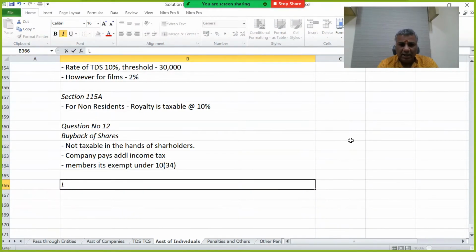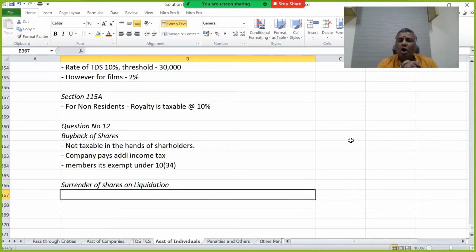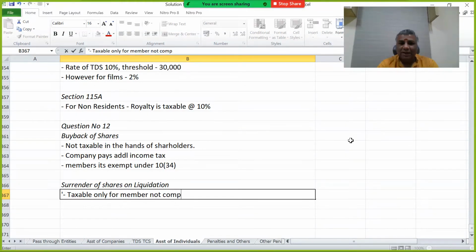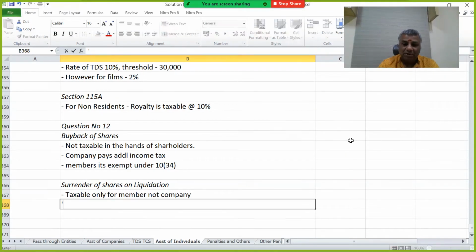Whereas surrender of shares on liquidation: please understand, if it is liquidation, the provisions are slightly different. It is taxable only for the member, not the company. For a company it is exempt, taxable for the member.